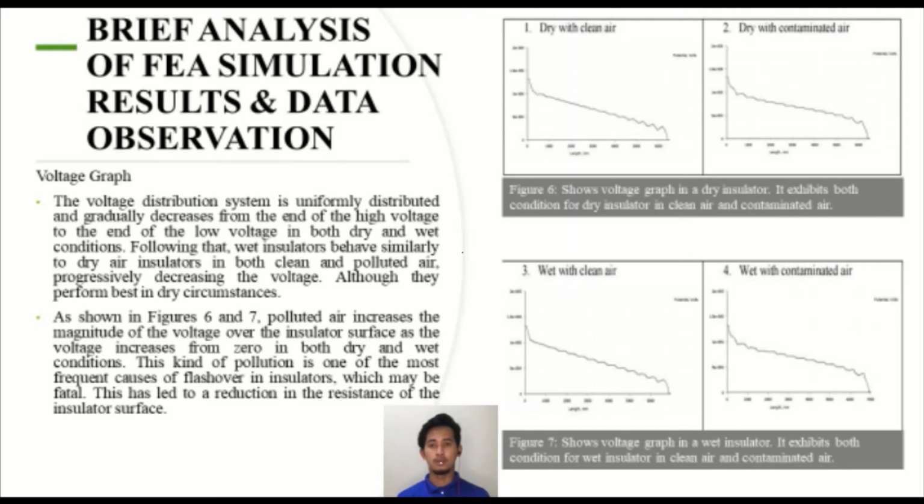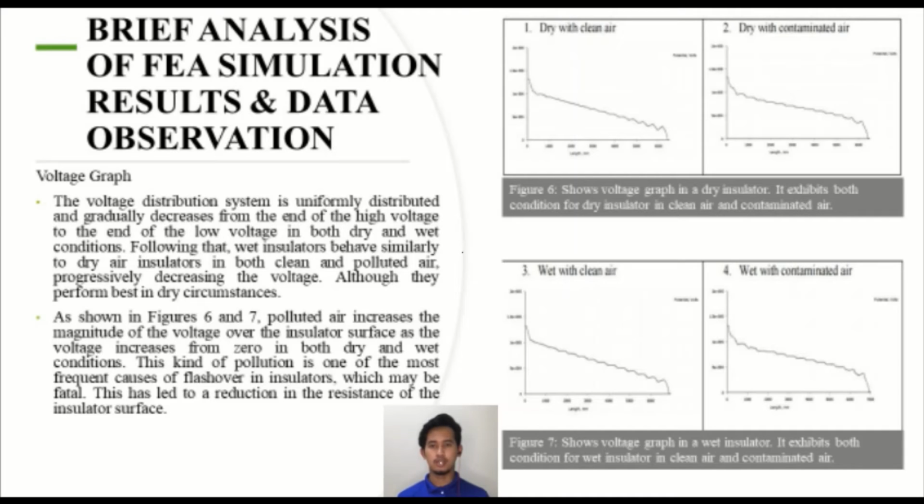Following that, the wet insulator behaves similarly to the dry insulator in both clean and polluted air, progressively decreasing the voltage, although they perform best in dry circumstances. Figure 6 shows the voltage graph in a dry insulator.